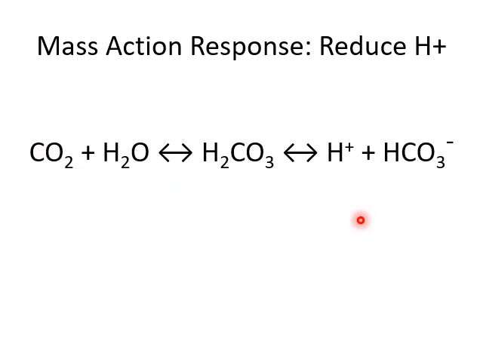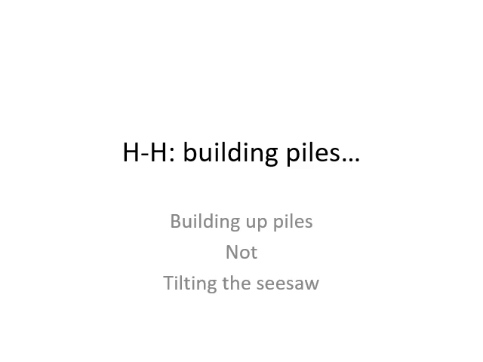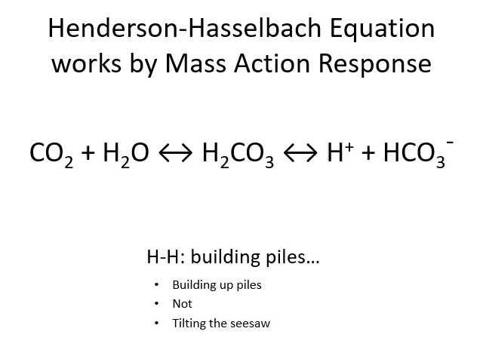So the best thing to do is build a pile of this, the bicarbonate ion, and hopefully that will combine with this and drive the equation this way, removing hydrogen ions from solution, which should increase the pH of my solution. So I can think of it as building piles. Not a tilting seesaw where everything slides, but building piles.